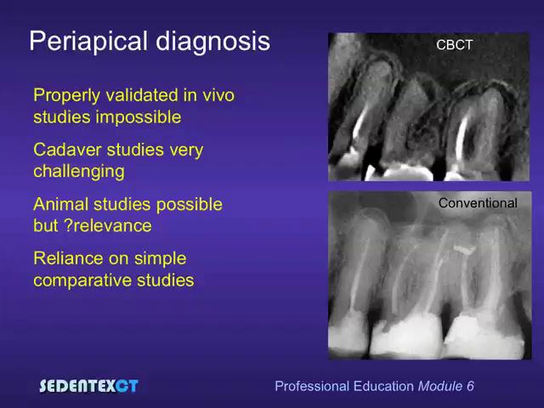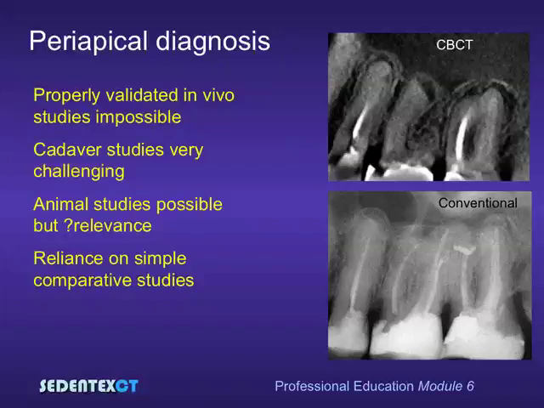Cadaver studies could be performed, but they are extremely challenging ethically in many countries. Animal studies are possible with appropriate ethical consideration, but even if performed extremely well, we have to ask ourselves whether they are strictly applicable to human beings.